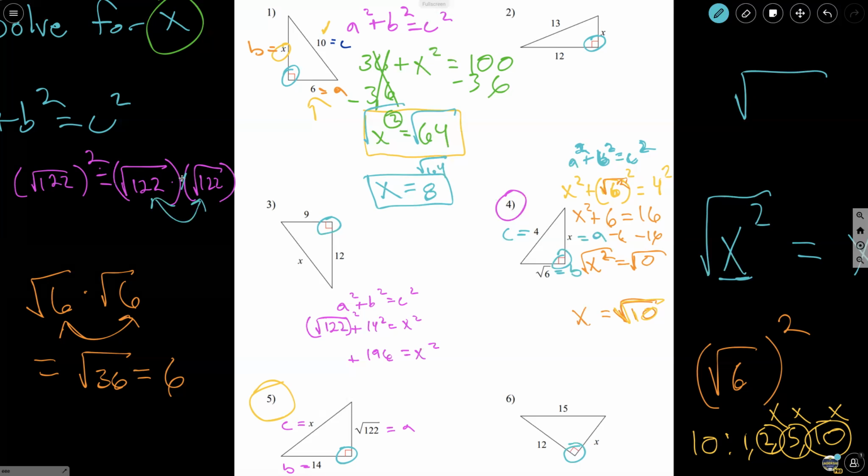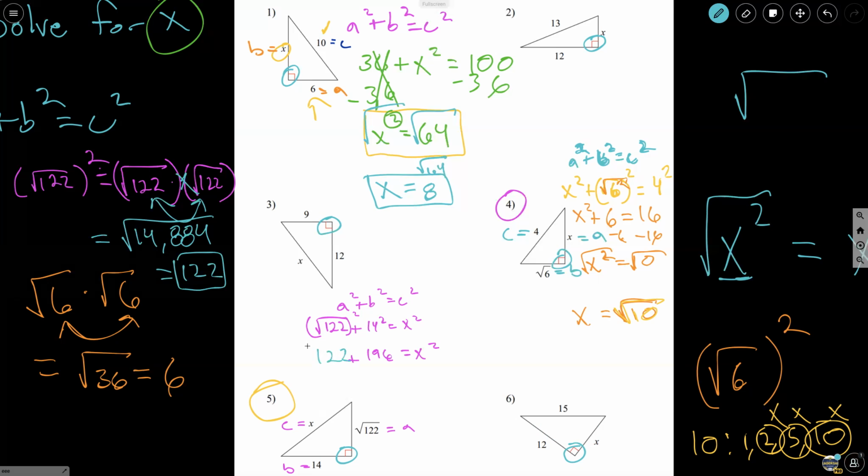This is multiplication, so it's going to be 122 times 122, which is going to be the square root of 14,884. And when you square root that, you get 122. So then this is just 122.